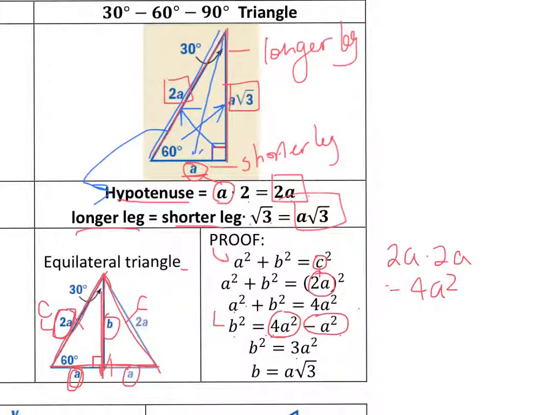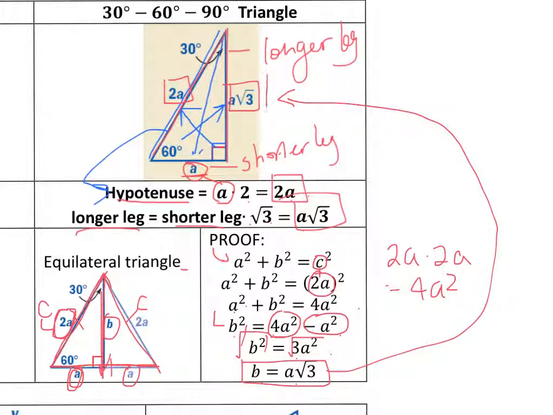So that would be 3a squared. And then I can take the square root of both sides and get b equals a square root of 3. And again, b will be my longer leg, and this a would represent my shorter leg.